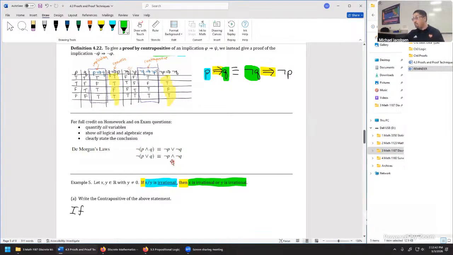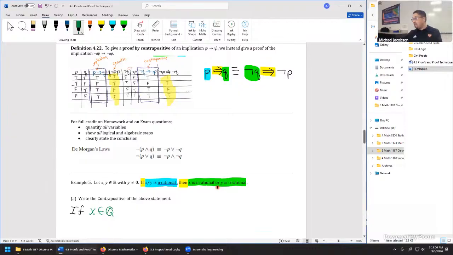It's an or statement, which means we write it as an and. So let's write that all together as if x is not irrational, that just means it's rational. Real numbers follow a dichotomy. They're either rational or irrational.